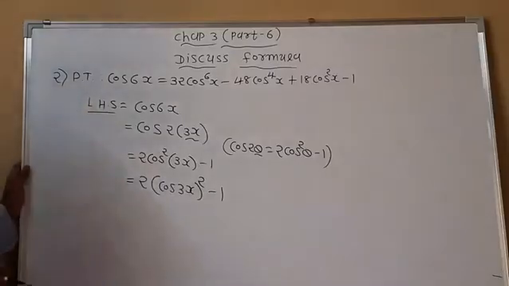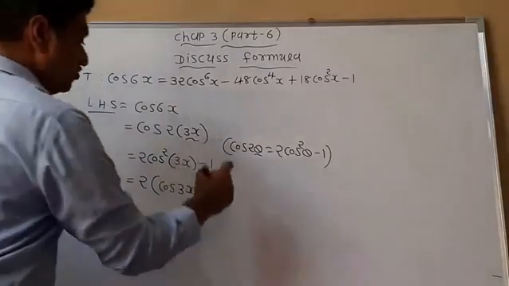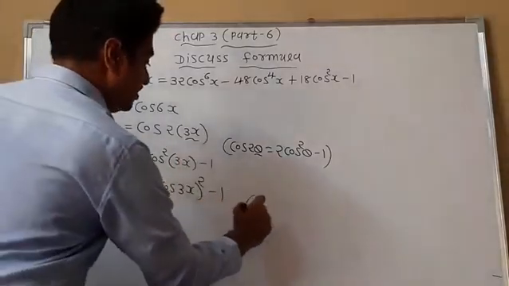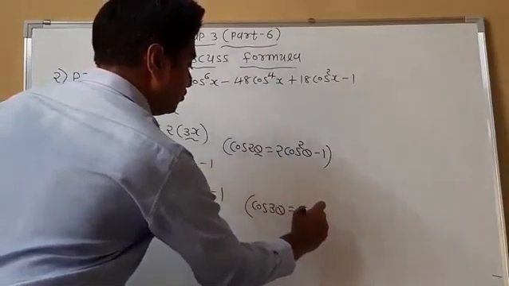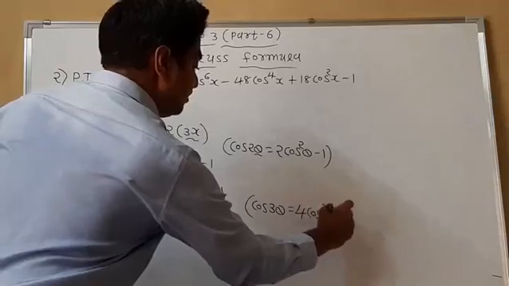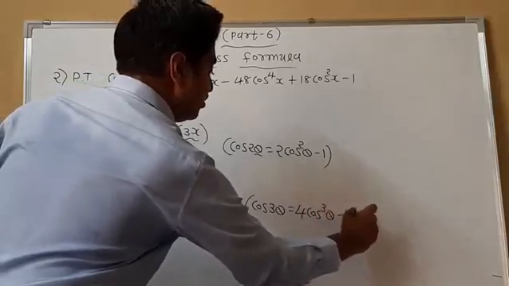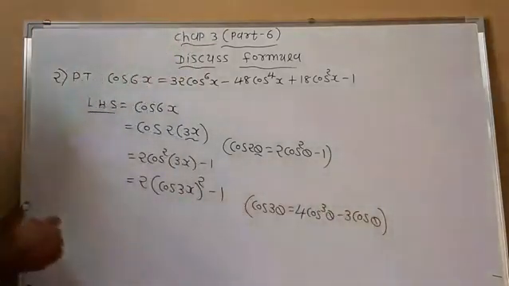Now, in place of cos 3x, written using formula 43, that means cos 3θ is equal to (4cos³θ − 3cosθ).